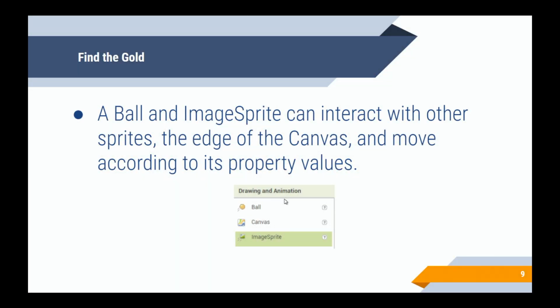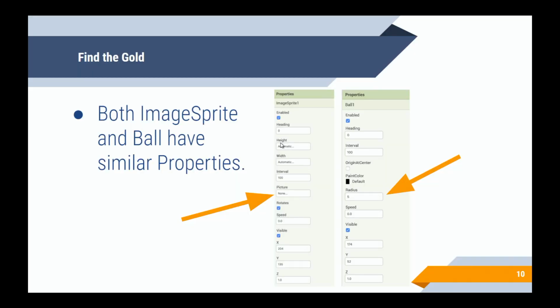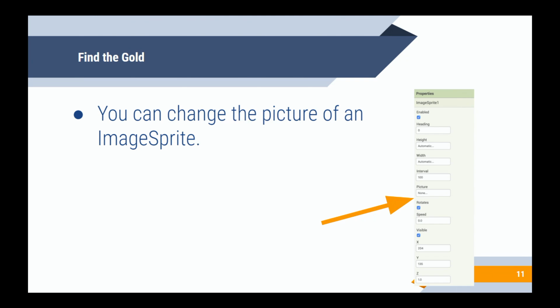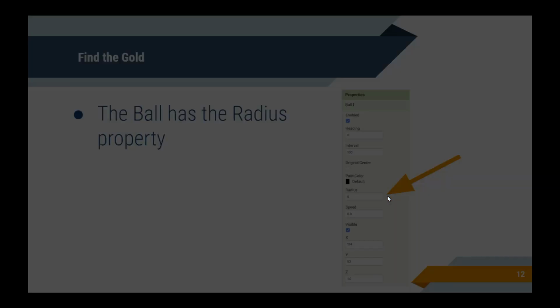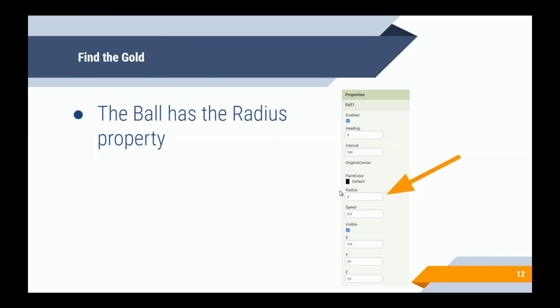A ball and image sprite can interact with other sprites, the edge of the canvas, and move according to their property values. Both have similar properties. The differences being, you can change the picture of an image sprite to anything you want, and a ball is just a ball, and the property that you can change that's different from image sprite is the radius property, meaning that you can make the ball bigger or smaller.